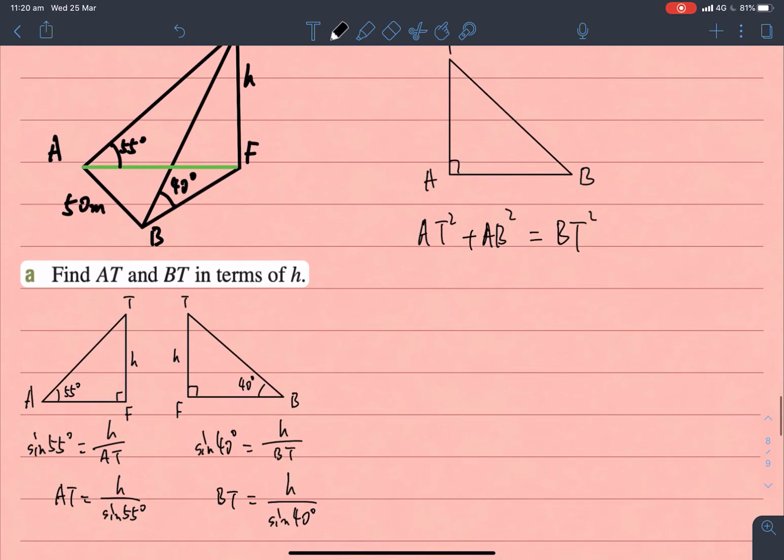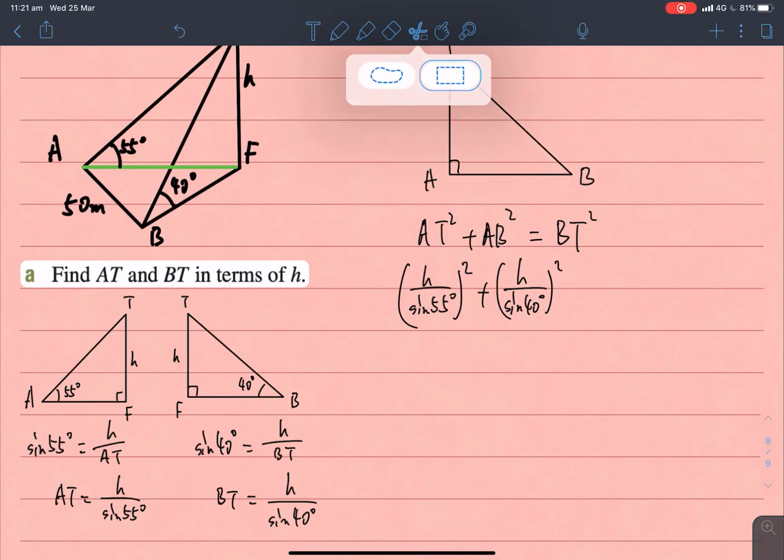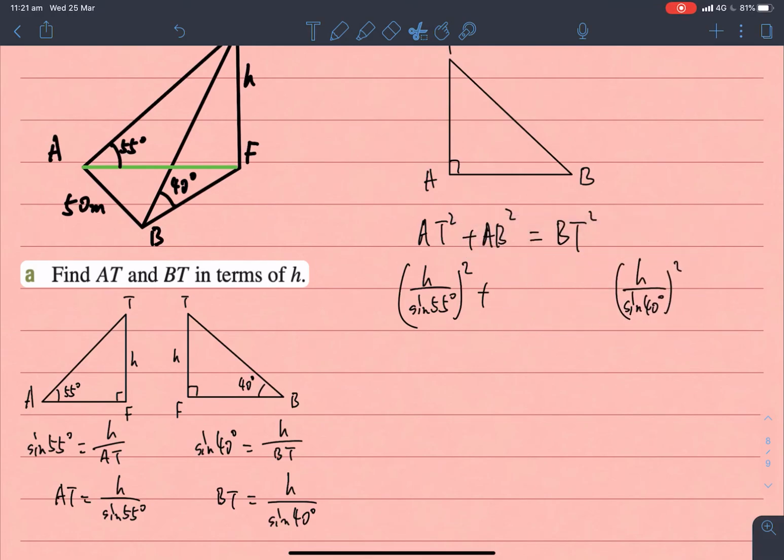AT is H over sine 55 degrees, squared, plus BT is H over sine 40 degrees, squared, because, whoops, got it wrong, sorry. Just going to move it to the other side. AB is 50, so 50 square equals that.